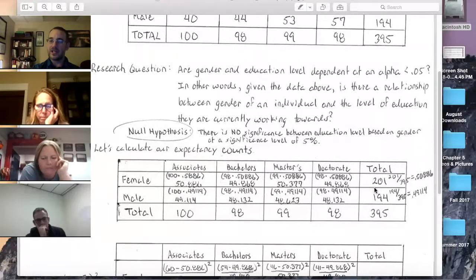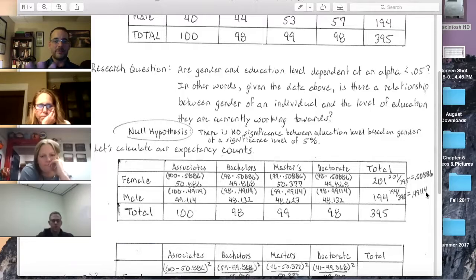In order to get those probabilities, we take the total females divided by our total number of individuals in our sample. So 201 divided by 395 gives us a probability of 0.50886. For males, 194 divided by 395 gives us a probability of 0.49114.